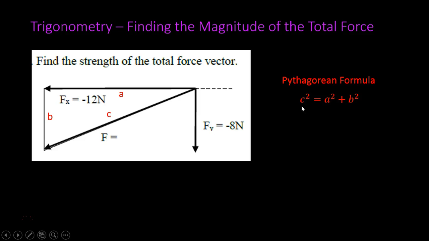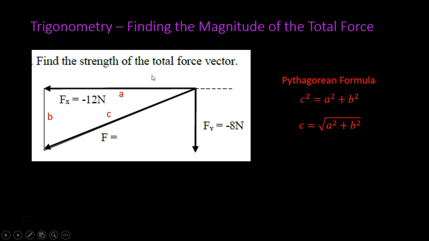If we want to find the length of side C, we just need to take the square root of both sides of this equation, and we're left with this formula. I call this the physics version of the Pythagorean theorem, because notice C is the strength of the total force, A is the strength of the x component force, and B is the strength of the y component force.